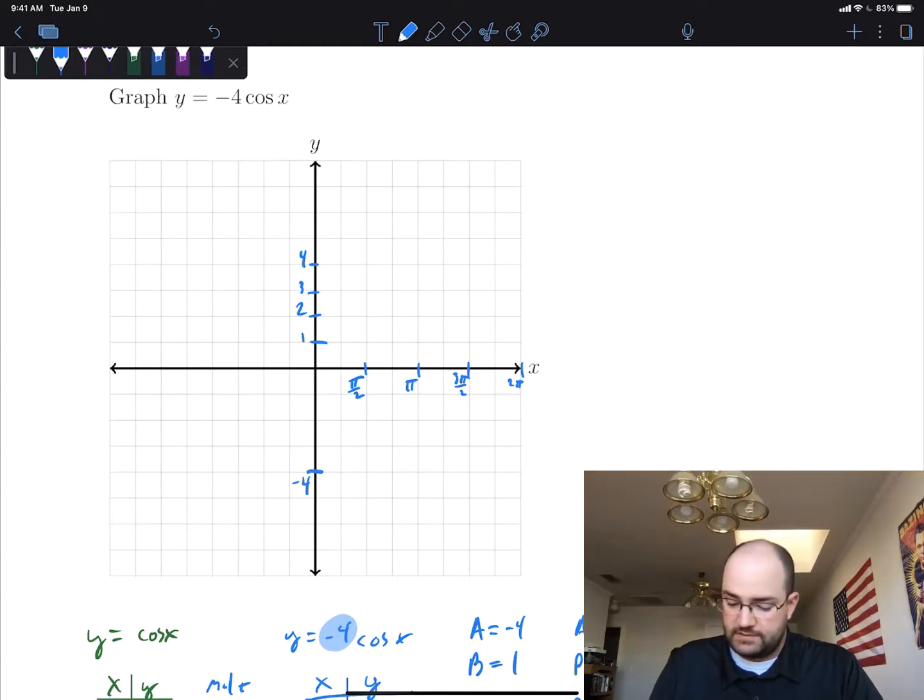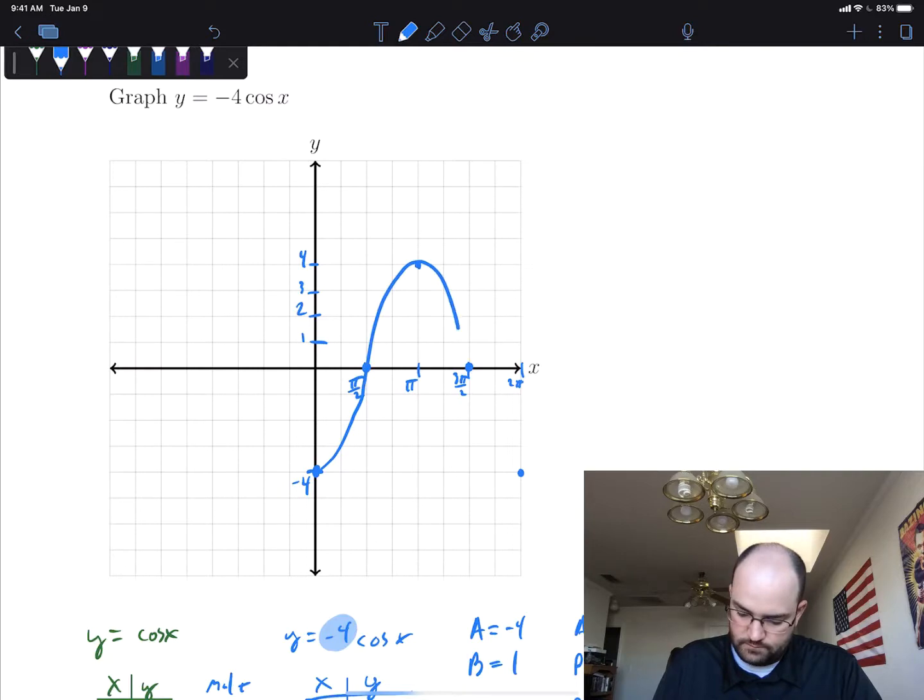And then graph this. So we have 0, -4. Pi over 2, 0. Pi, 4. 3 pi over 2, 0. And 2 pi, -4. And there you go.